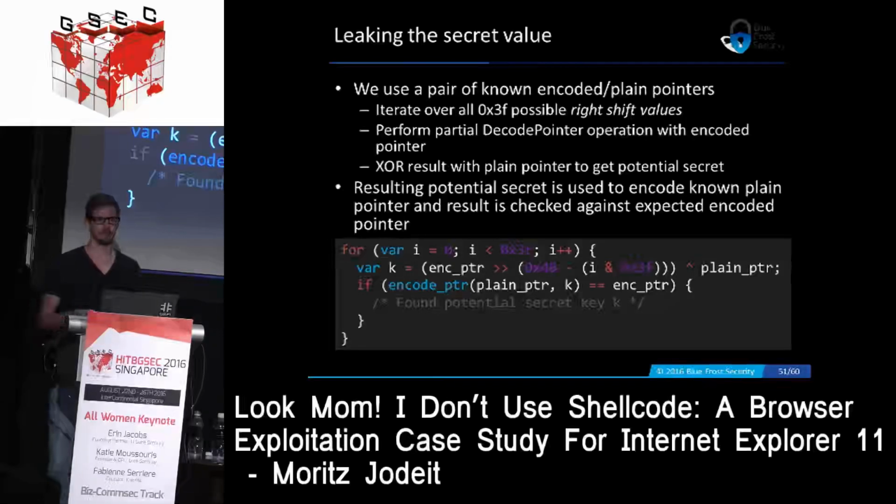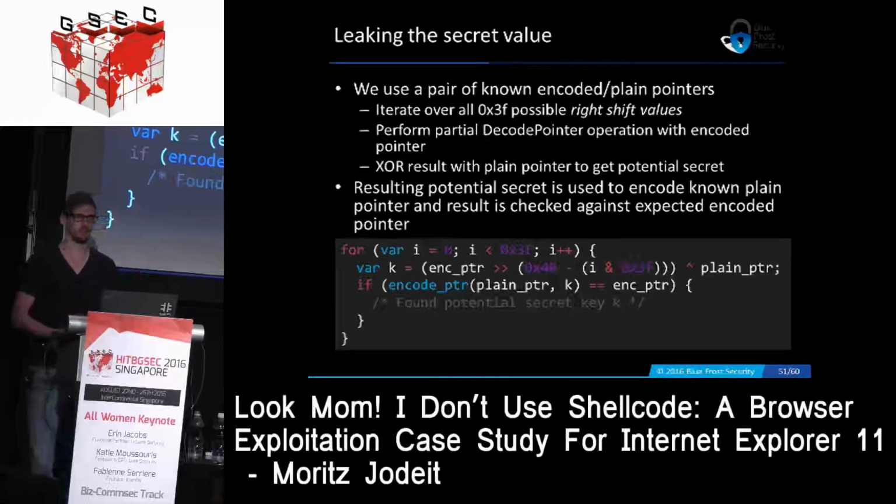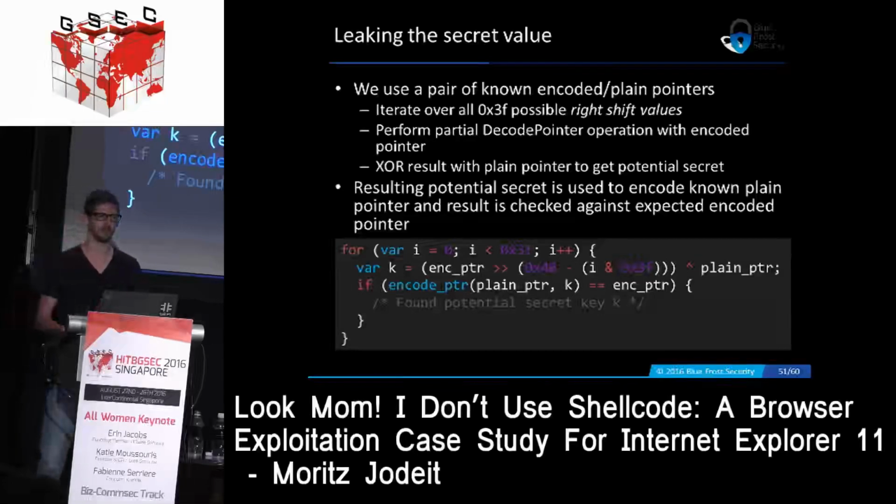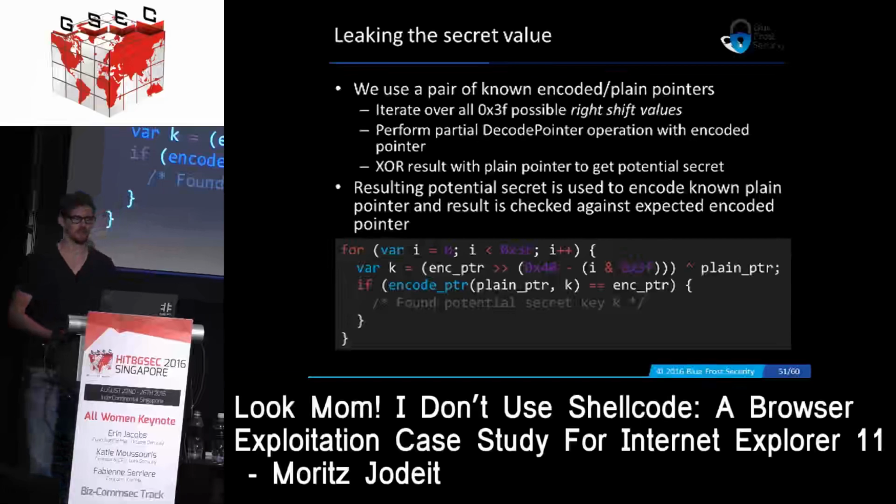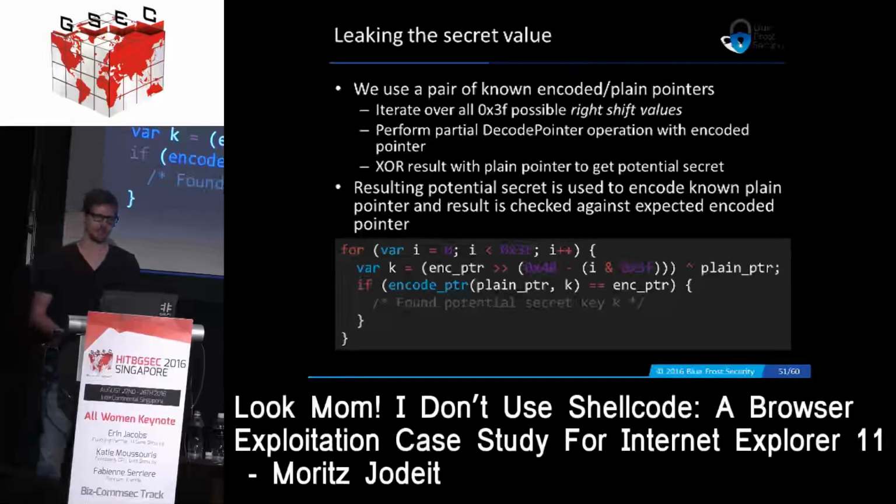It doesn't have to be the right one, but it is a potential secret value. In order to check if it's the right secret value, we just perform the encode operation: we take the plain pointer, encode it with this potential secret value, and check if the result is actually the encoded pointer. This will eventually give you a secret value, and most of the time you will get the right one.